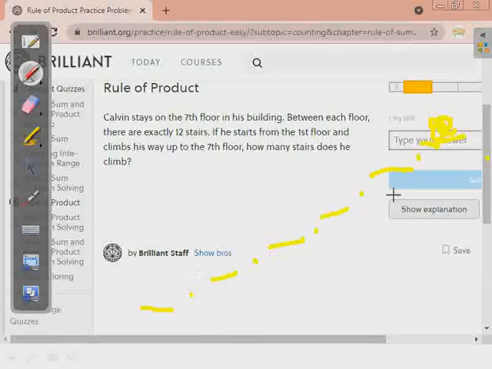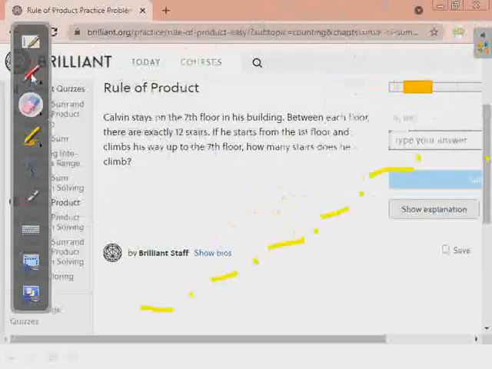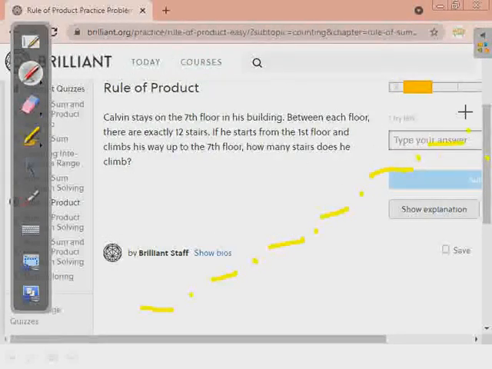Like I have to draw one more. Okay, so this is first floor, second floor, third floor, fourth floor, fifth floor, sixth floor, 7th floor.